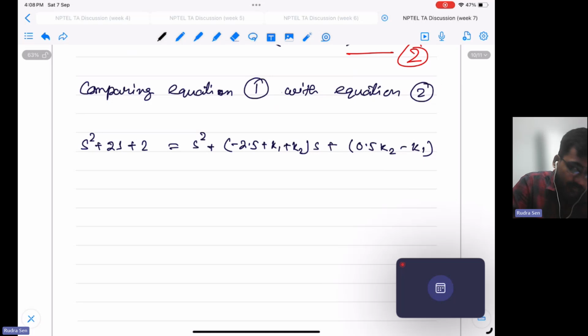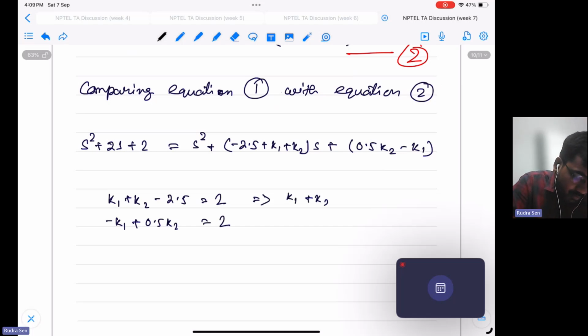So what we'll get, k1 plus k2 minus 2.5 equals 2, and minus k1 plus 0.5 k2 equals 2. So from here we'll get k1 plus k2 equals 4.5, and minus k1 plus 0.5 k2 equals 2.